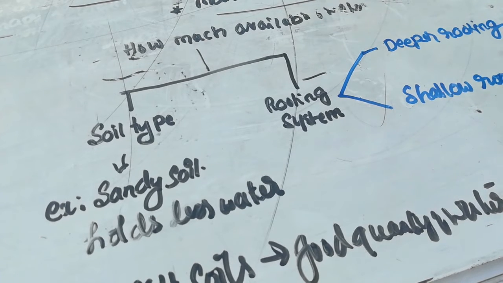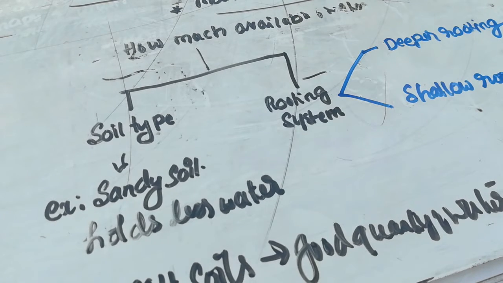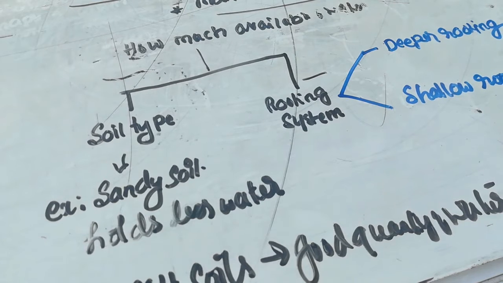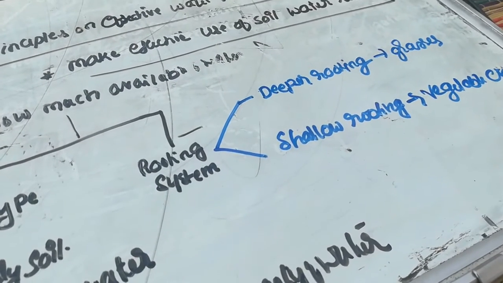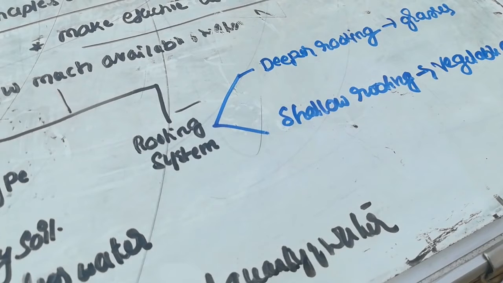Deeper rooting, for example, grasses. Shallow rooting, for example, vegetable crops. Using this, we can say how much water is available. Deeper rooting is grasses, and shallow rooting is vegetables. So using this material, we can say how much soil water resource there is, and take measures to avoid runoff.